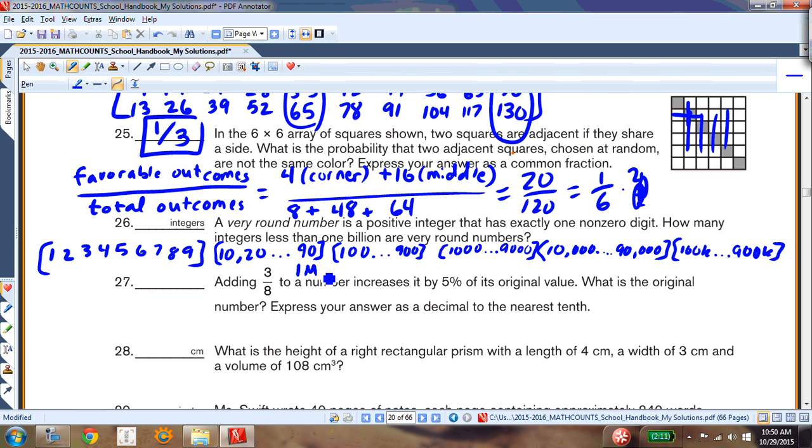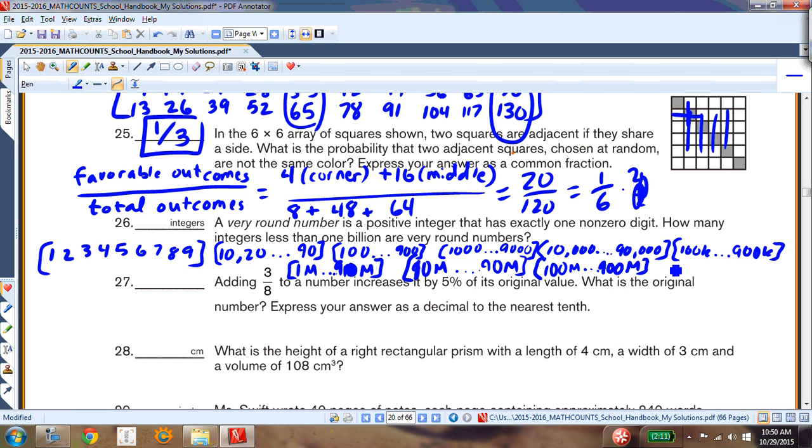1 million, all the way up to, excuse me, to 9 million, and then 10 million, up to 90 million, and then 100 million, all the way up to 900 million.